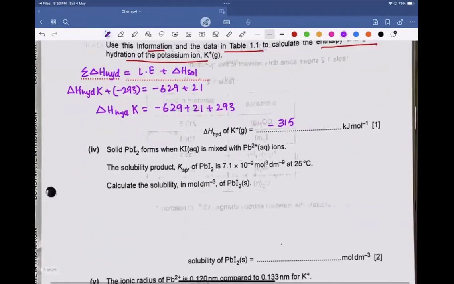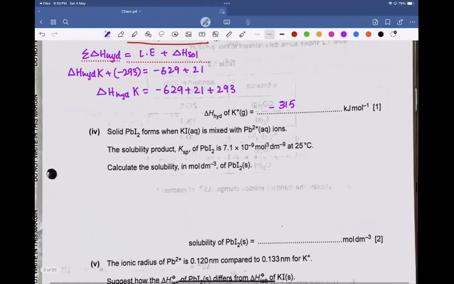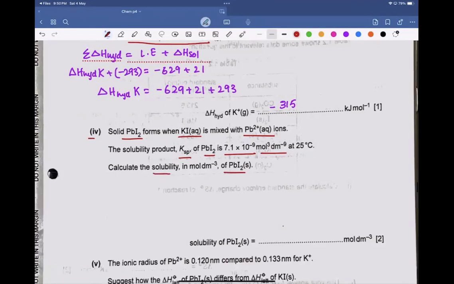Okay. Now, part 4. Solid lead iodide forms when potassium iodide is mixed with lead nitrate aqueous. The solubility product of PbI2 is 7.1 × 10^-9 mol^3 dm^-9. Calculate the solubility of PbI2.